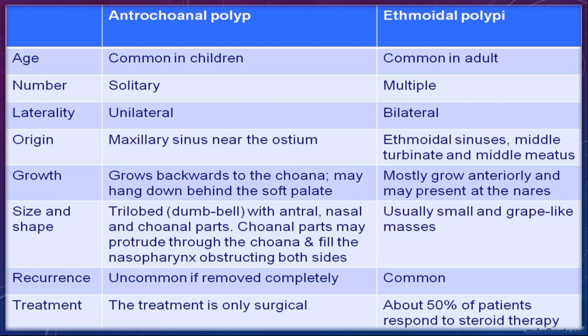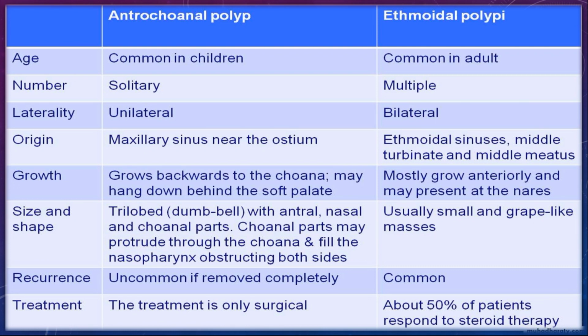Third point is, a simple polyp in children may be a glioma, an encephalocele or a meningocele. It should always be aspirated and the fluid examined for CSF. Careless removal of such a polyp would result in CSF rhinorrhea and meningitis.